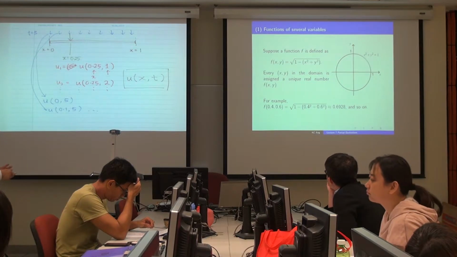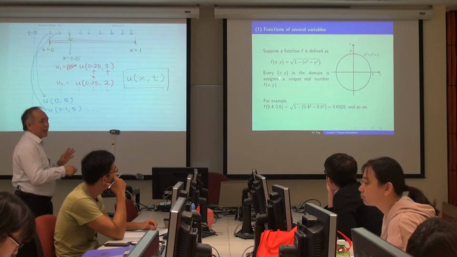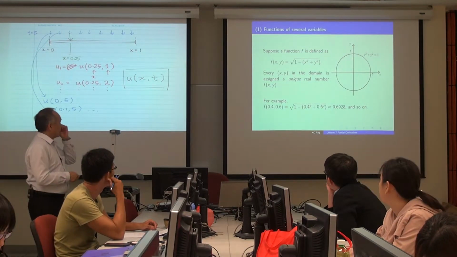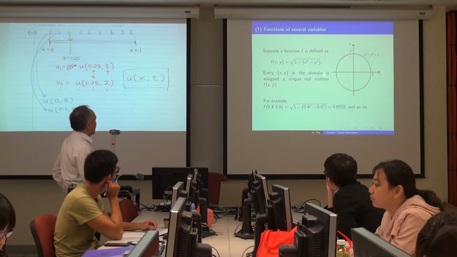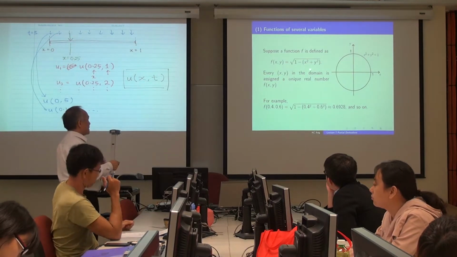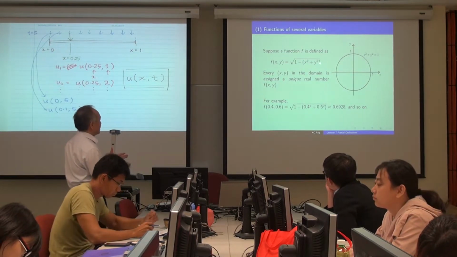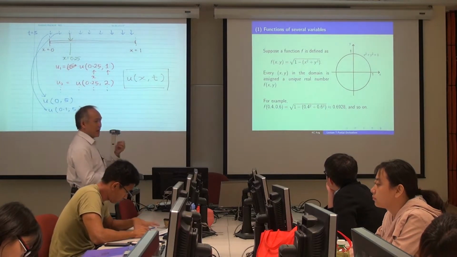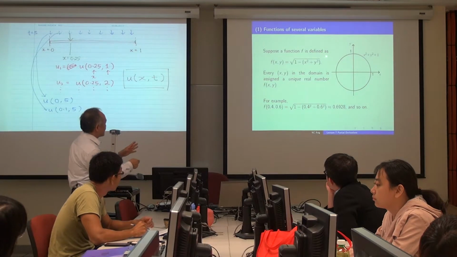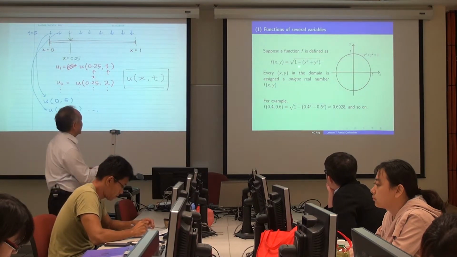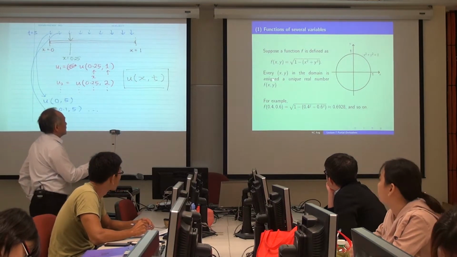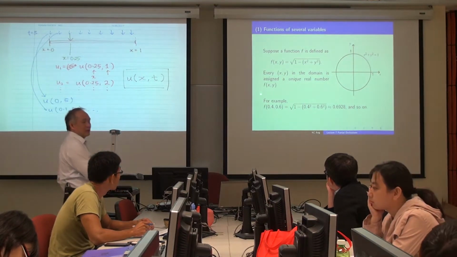It means that for every ordered pair (x,y) inside the domain, there will be a value, because you can put x equals some value, y equals some value. Of course, it must be values that will give you a result when you take the square root of 1 minus x squared plus y squared. Then it should be given a unique real number, which is given by your f(x,y).